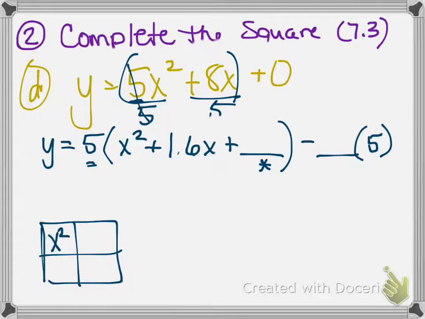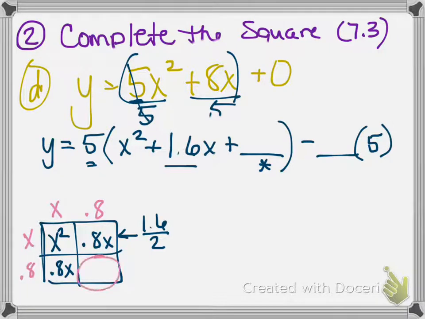X squared, and half of 1.6 divided by 2, which is 0.8x, and 0.8x. So the outside of this box is x and 0.8, x and 0.8, and when I multiply 0.8 times 0.8, I get 0.64. So that's what completes the square and goes in the blanks.